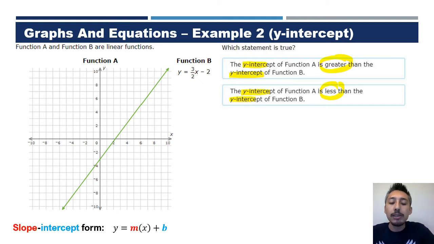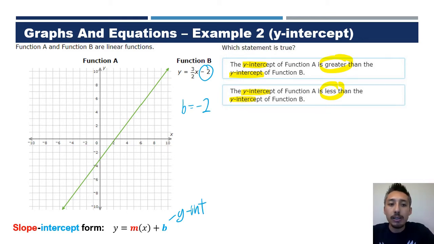If we look down here at slope-intercept form, we already said that b stands for y-intercept. That's what it represents. If you look at function b, this -2 is going to be our y-intercept. That is what b represents in this case. So we know that -2 is the y-intercept of function b.